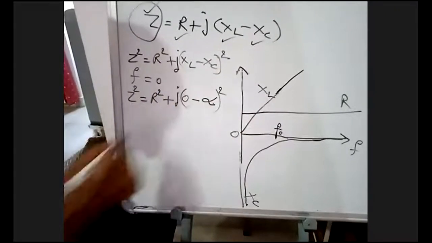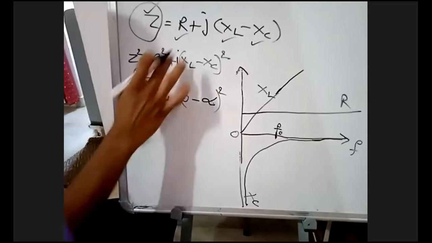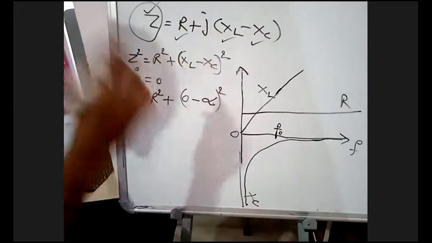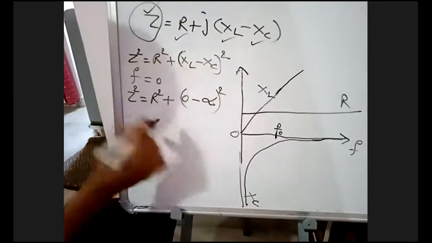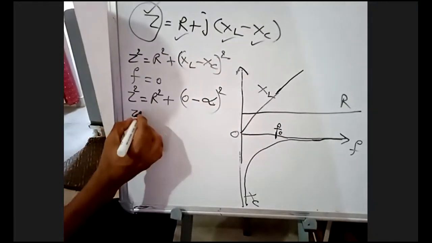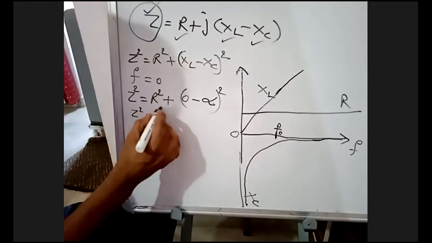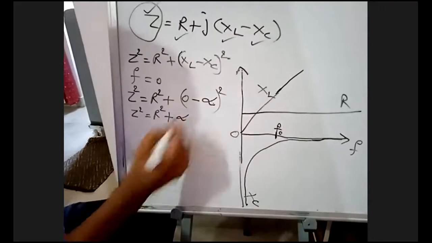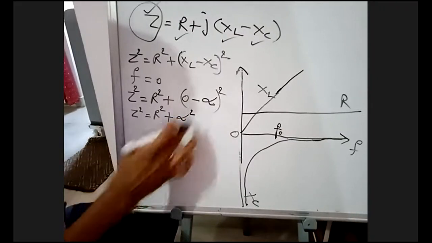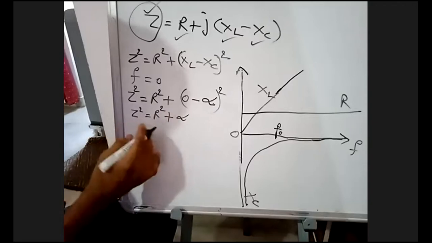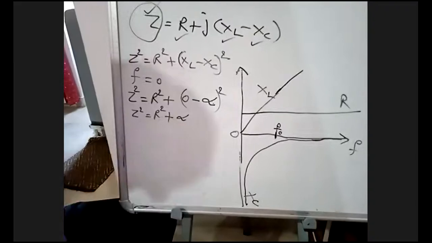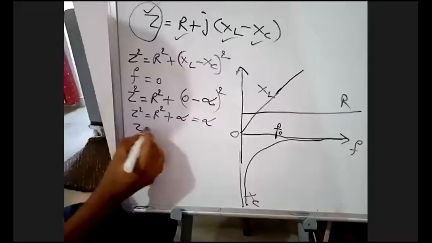Z square is R square plus XL minus XC whole square, so Z is R square plus minus infinity whole square. What is that? Infinity only. If you add infinity to anything, what is the value? Infinity. Now Z is infinity.